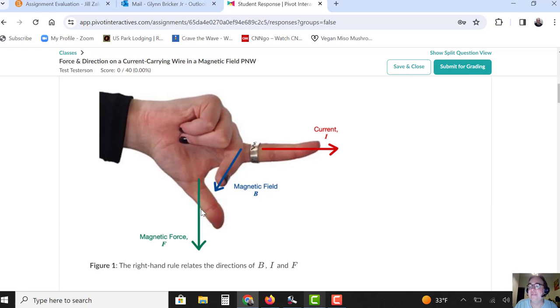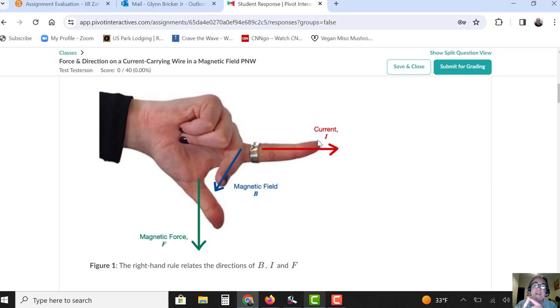Now in that textbook, they still have a right-hand rule. They just call things differently. So it's the same idea. These things are always perpendicular to each other. The force is perpendicular to the plane made by I and B. I and B don't necessarily have to be completely perpendicular to each other, but the force is perpendicular to the plane made by I and B. So in the first section or so, the first 2 sections, I believe, you've got to line these things up.